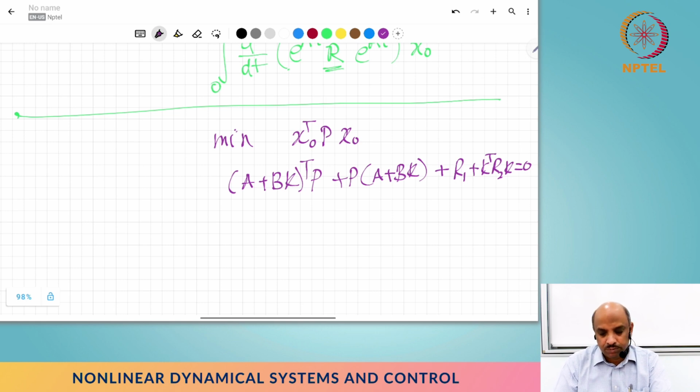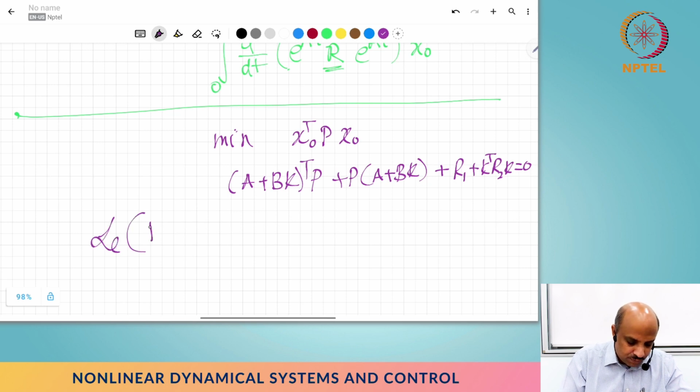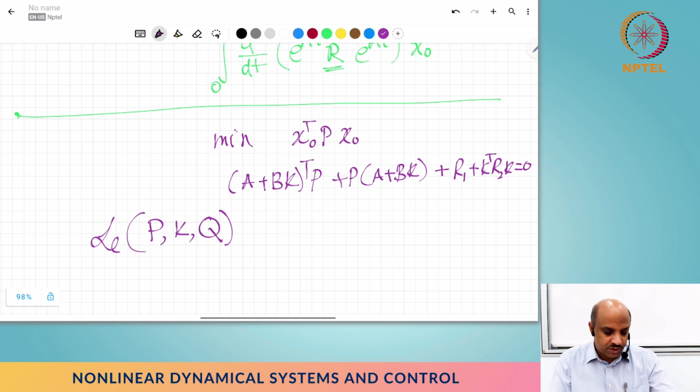So Lagrange multipliers, we need not have all of them. Or alternatively, I can actually imagine a Lagrange multiplier also put in a linear matrix format. So essentially, I can think of my Lagrangian, which is going to depend on my basic variables P, K, and a Lagrange multiplier, and I'm going to say that that's also a square matrix Q, symmetric matrix for that matter, which is going to look like something like this.